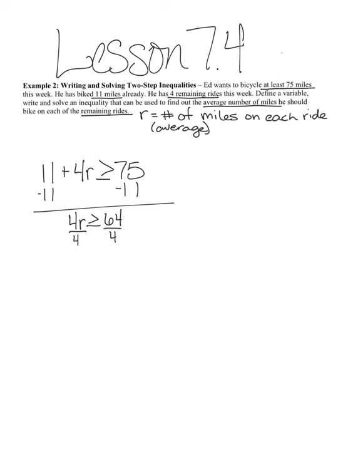And because I'm dividing by a positive, my inequality sign stays the same. And then 64 divided by 4 is 16. So what this means is that the minimum number of miles he needs to ride on each ride should be 16 or greater.